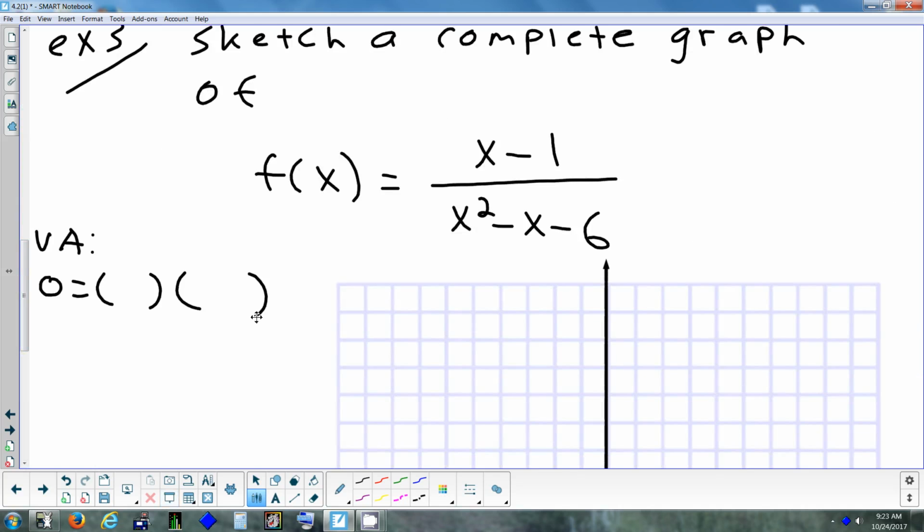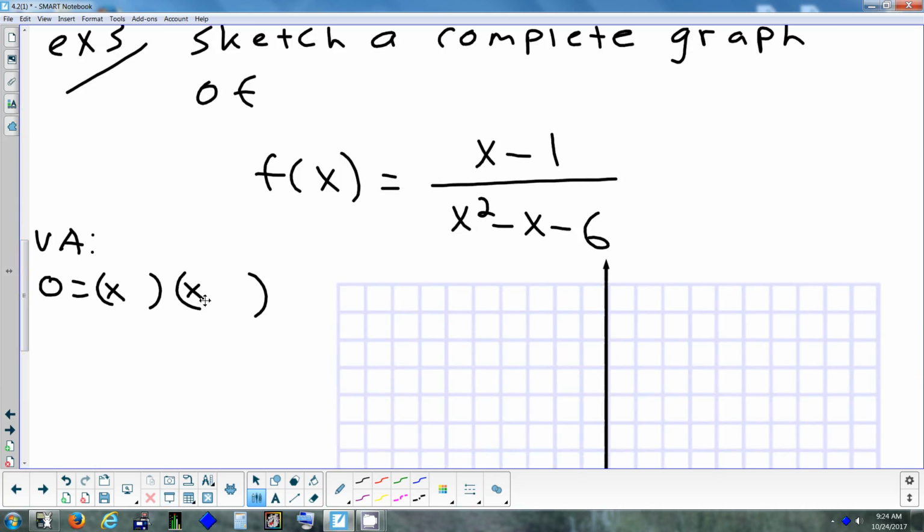Does anybody see how x squared minus x minus 6 would factor? Thinking of 2 numbers that multiply to give you 6 and subtract to give you 1. And I gave you one of the answers. Yep, 2 and 3. So we're going to use 2 and 3.